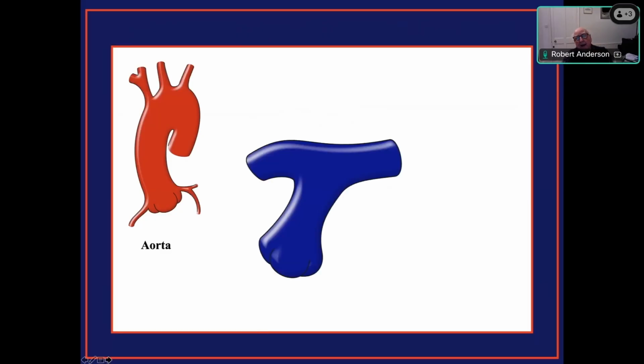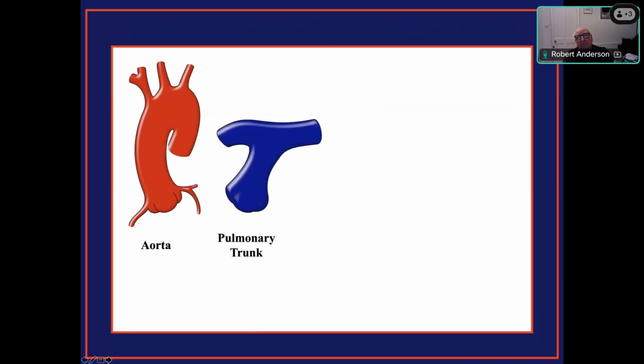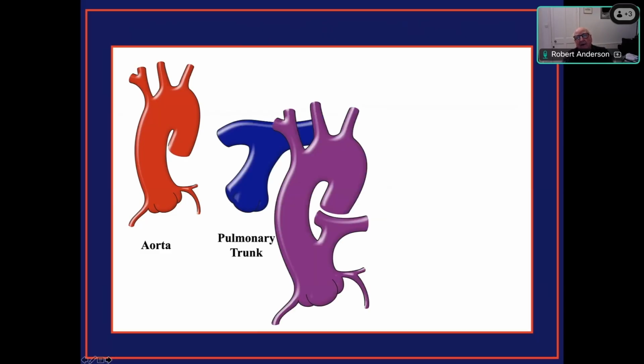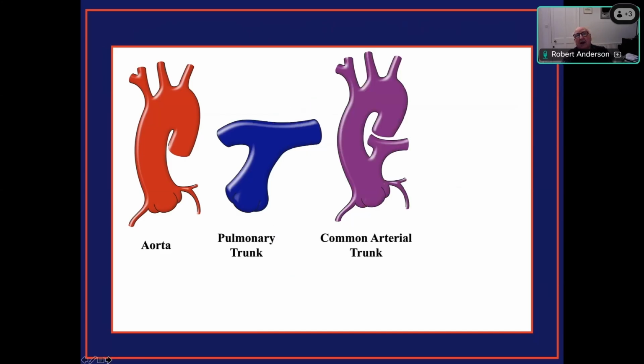The trunk that branches to give rise to the vessels that supply the lungs is the pulmonary trunk. On occasion, an arterial trunk can branch so as to give rise to coronary arteries, systemic arteries, and pulmonary arteries. And so this is a common arterial trunk.